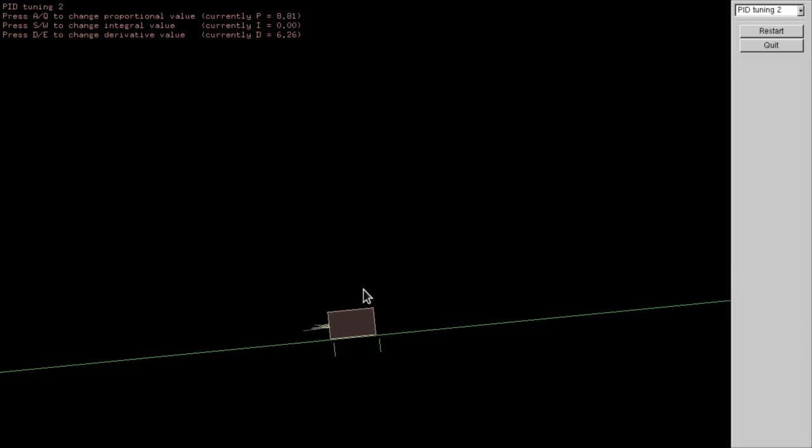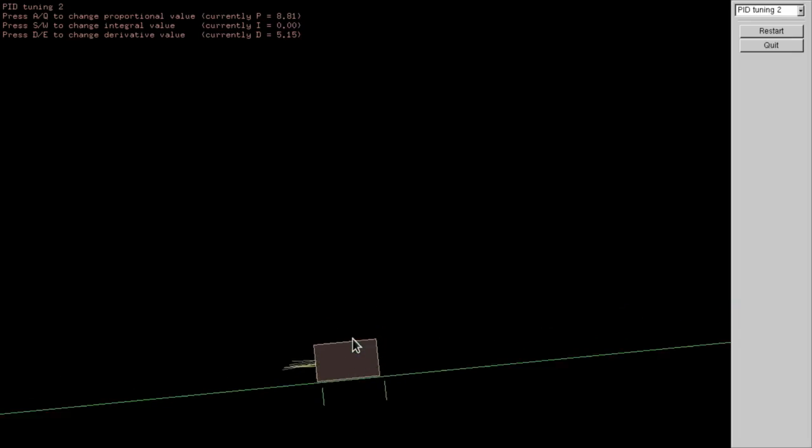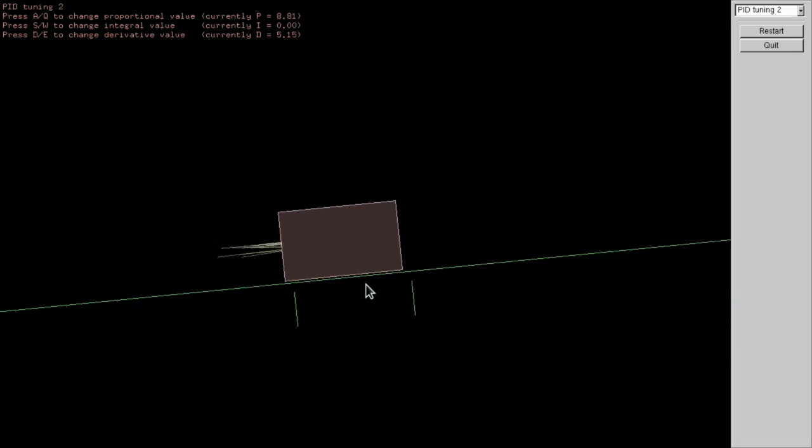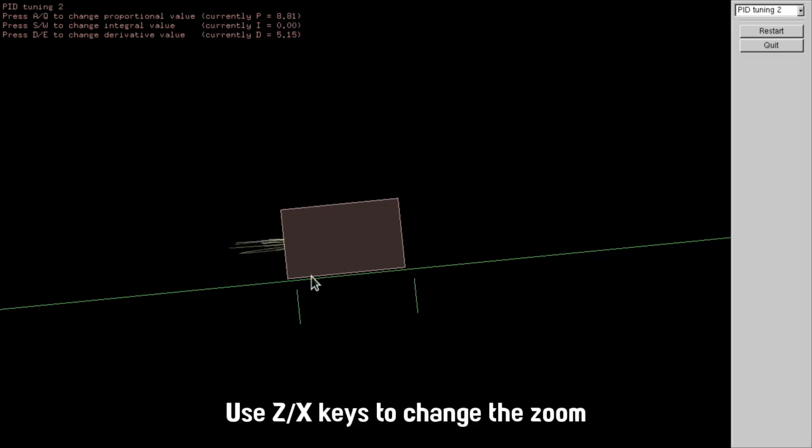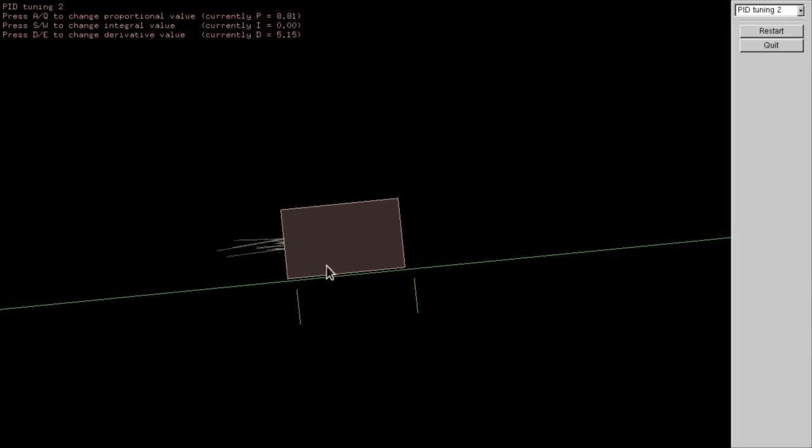I'm just trying to set this up to explain it a bit better. Okay, well, I'm going to have to zoom in because the error that we're getting is kind of small. But hopefully you should be able to see that it's being pulled a little bit to the left because gravity is pulling it down that slope. And we've got a continuous, this is part of the P component that is trying to push it up there.